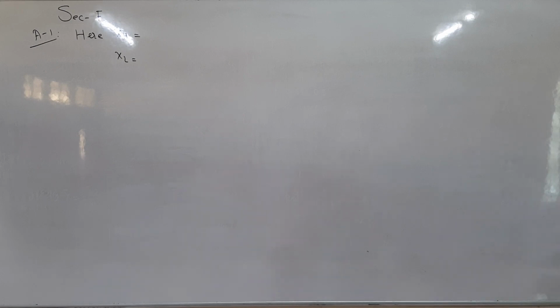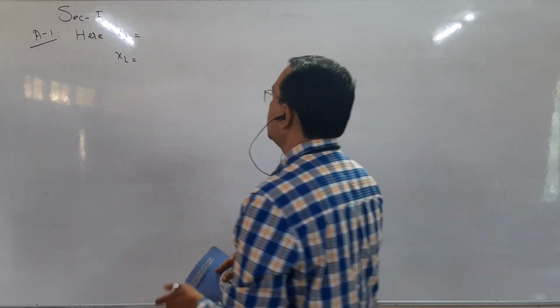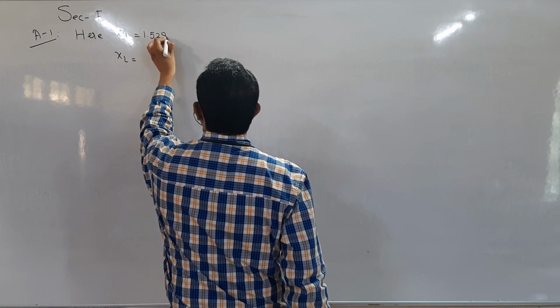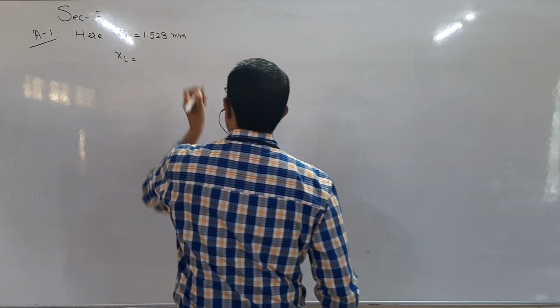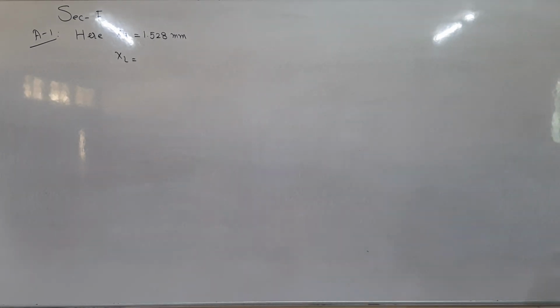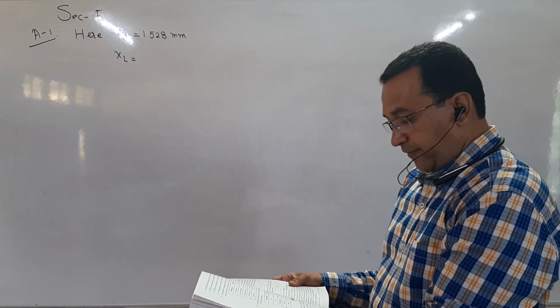The highest observation is 1.528 millimeter, and students, the lowest observation is 1.505. Only see the last 2 digits because 1.5 is common.